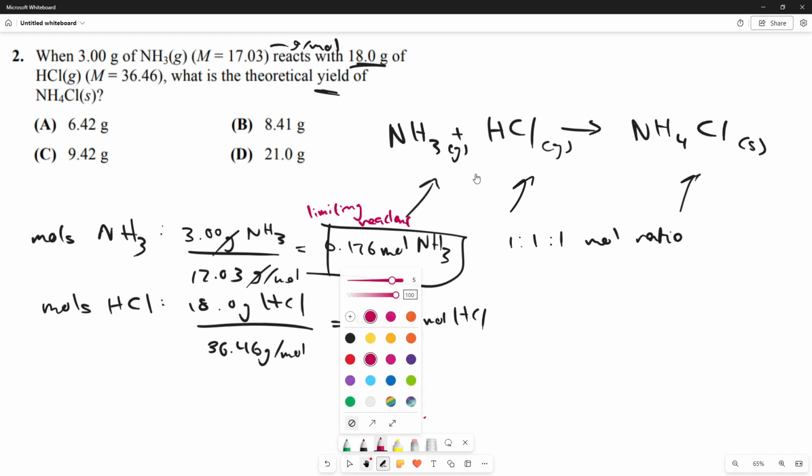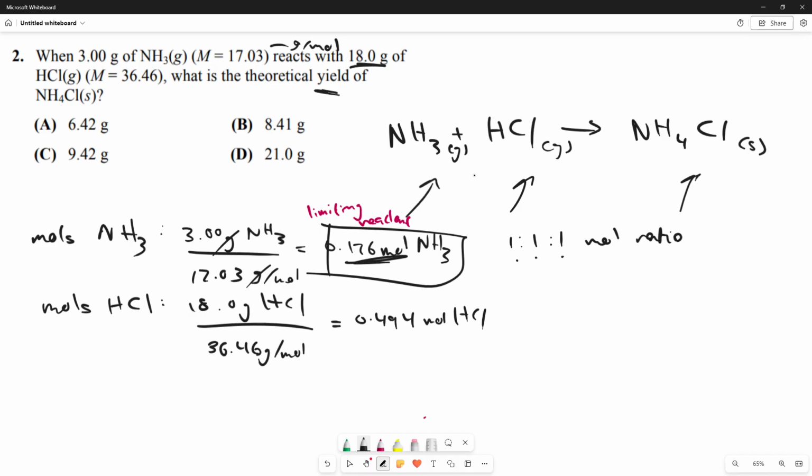Now that we know what the limiting reactant is, we know that these are in a 1:1:1 mole ratio. And since NH3 is our limiting reactant, that means that NH4Cl is also going to be formed in 0.176 moles.